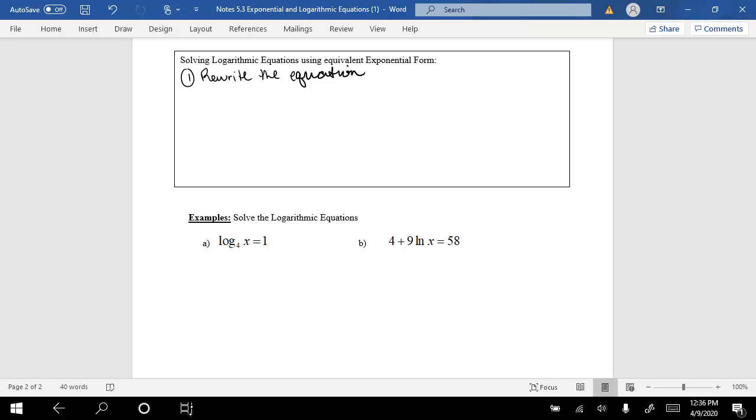We're going to rewrite the equation with only the single log on one side. So it's very similar. Then you're going to convert the logarithm to an exponential.